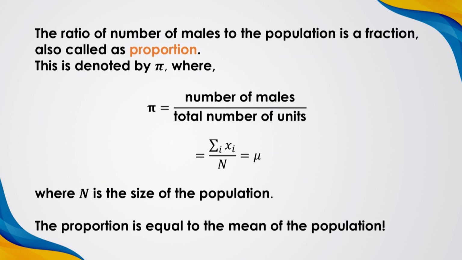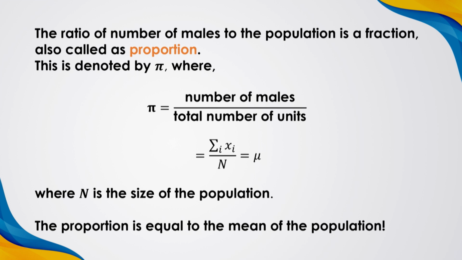What is the advantage? The ratio of number of males to the population is a fraction, also called a proportion. This is denoted by phi, where phi equals the number of males divided by the total number of units.